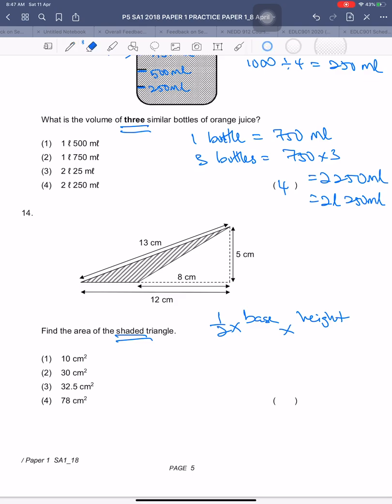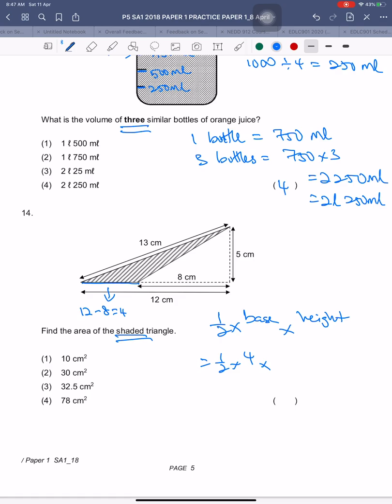So look at the shaded triangle. This is the base. So the base is this part, which is 12 minus 8, 4. 12 minus 8 is 4. So I know the base is 4.